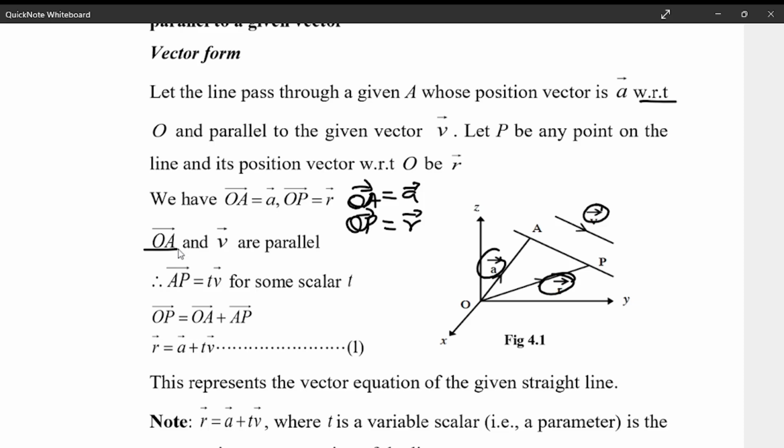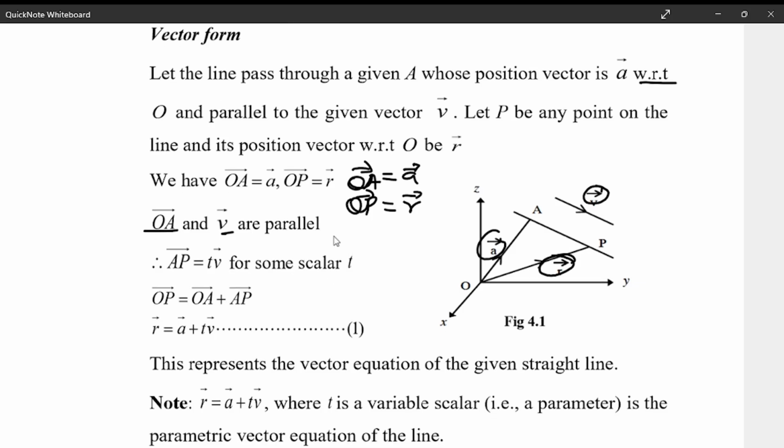Since the line through A is parallel to V, we can say that the vector AP is equal to a certain number times the vector V.